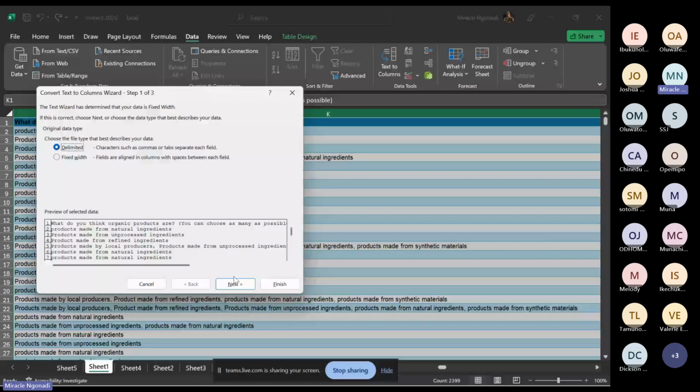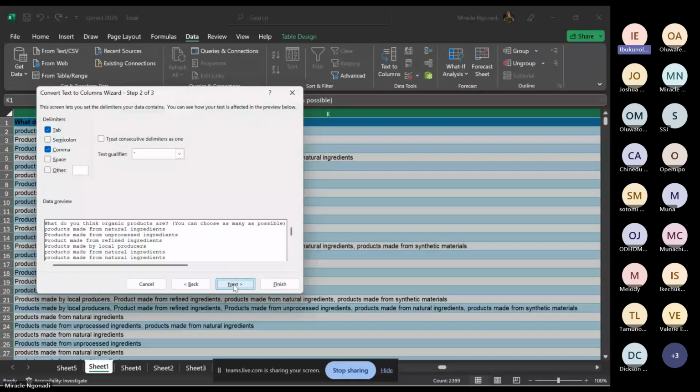So I clicked on delimited and next. Then I've already clicked on the comma. So next. Then you just check it to confirm that it's right.